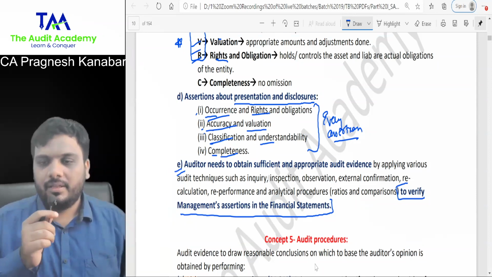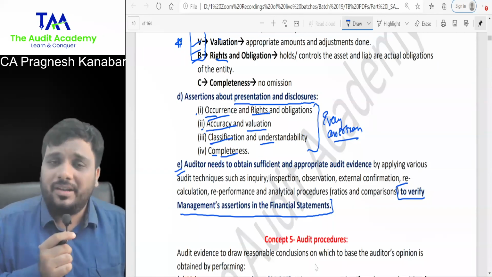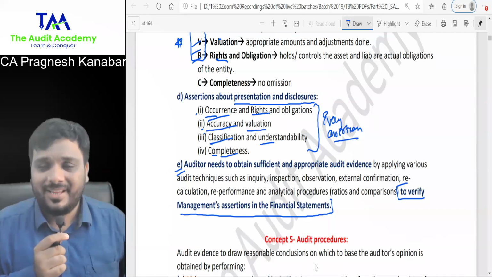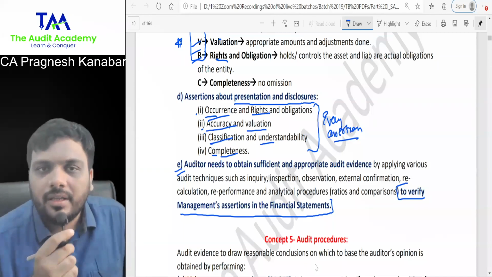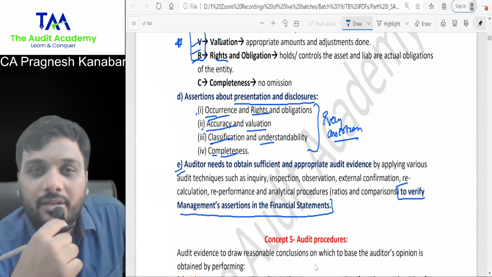Correct. So, kids are going to say, auditor needs to obtain audit evidence to form and express an opinion on the financial statement. But the legends are going to say that auditor needs to obtain audit evidence to verify management's assertions in the financial statements, so that he can form an opinion on the financial statements.